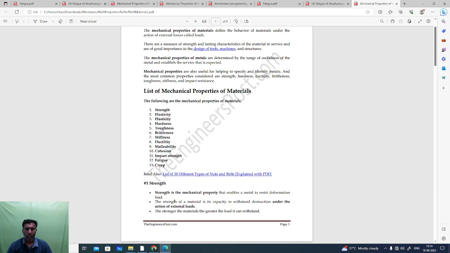The strength of a material is its capacity to withstand destruction under the action of external load. The stronger the material, the greater the load it can withstand. It may be an internal or an external load, pressure or temperature. It may be any load, and it will affect the strength property.